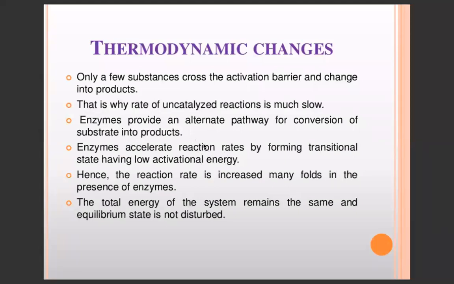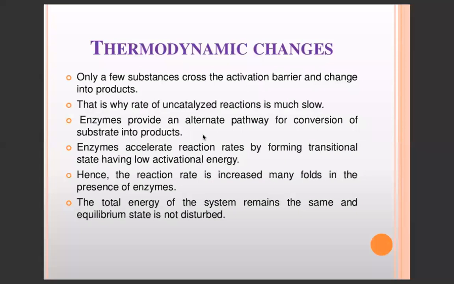Sarah Khan is asking about turnover rate. Turnover rate means that without enzyme, a substrate is converted into its product, for example, 5 times, and each reaction has its own inherent property to convert into product.